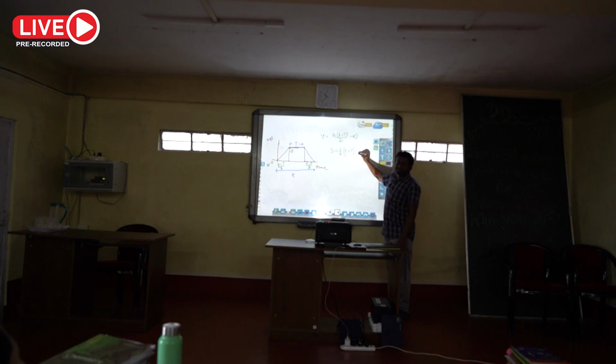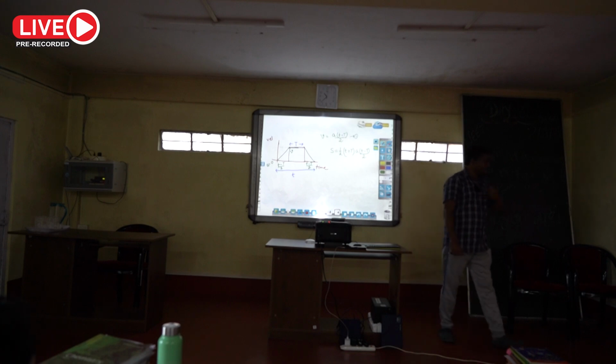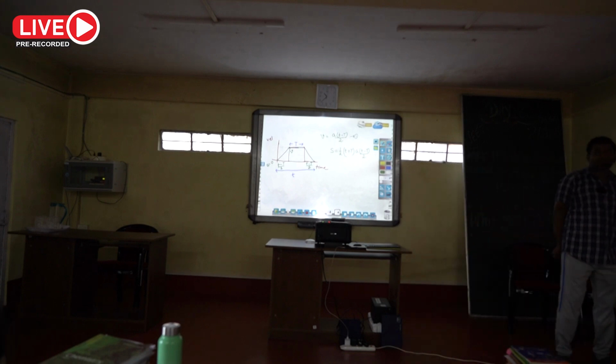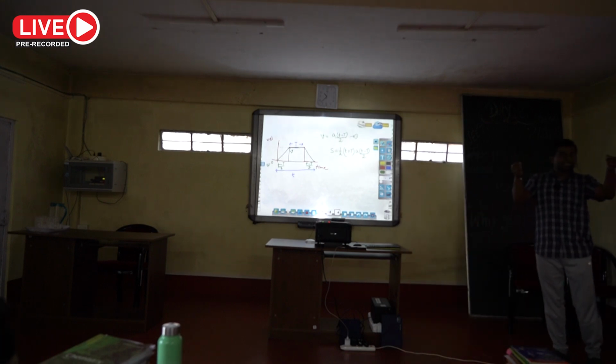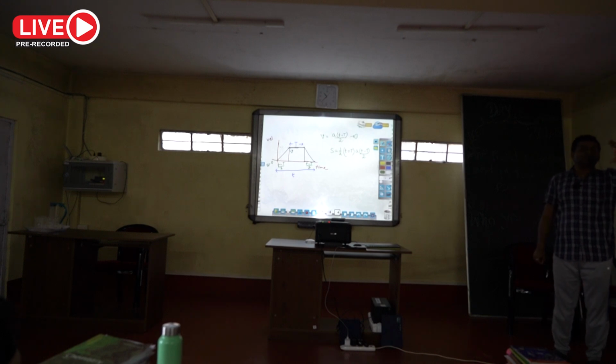So the sum of the parallel sides means small t plus capital T, and the perpendicular distance is the final velocity achieved, v.